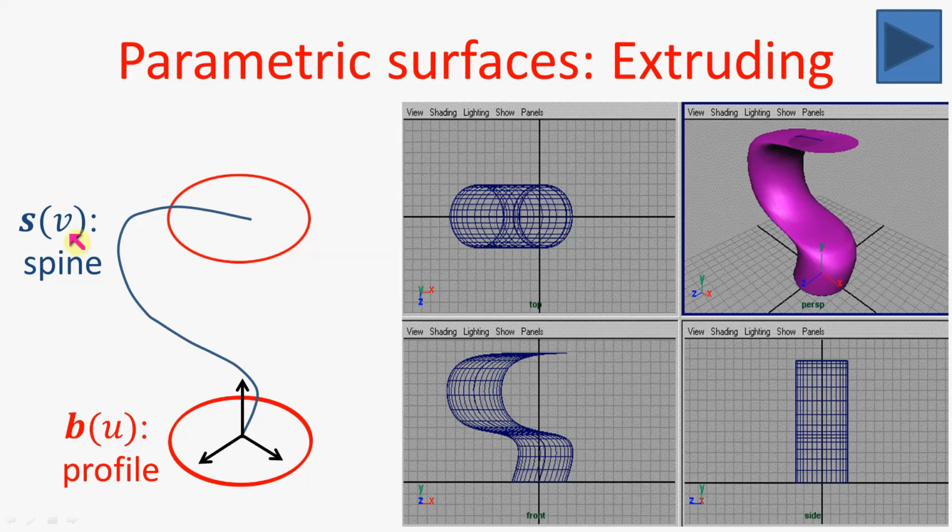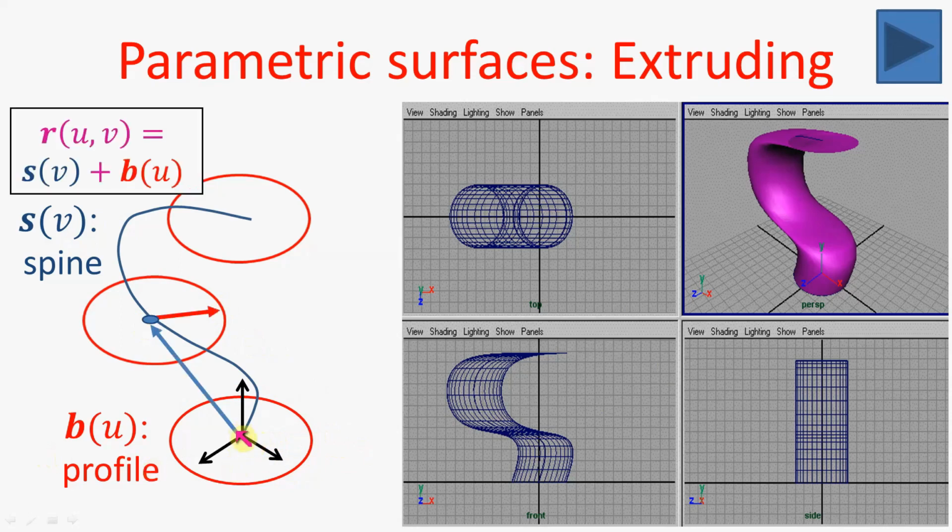Let us consider one particular v value. So when the sweeping operation is here and the swept point is here on the profile curve, from the origin of the coordinate system, we have to apply the translation of the profile curve, which means that the origin of the coordinate system should go to the point on the spine curve identified by parameter v, and from here we have to visit the profile point identified by u.